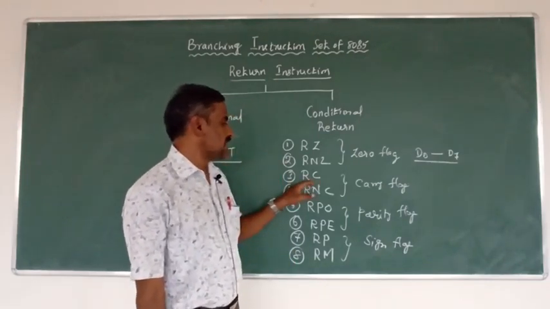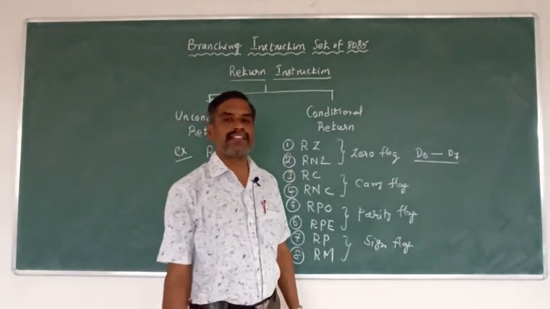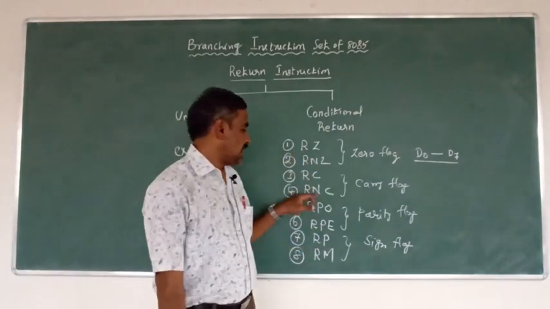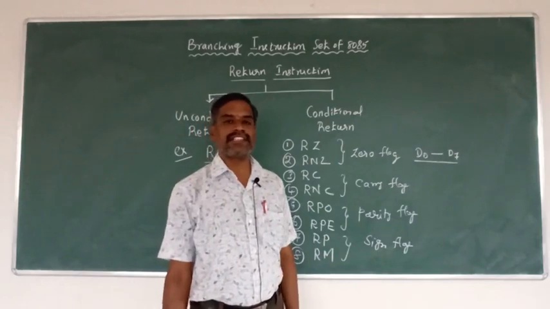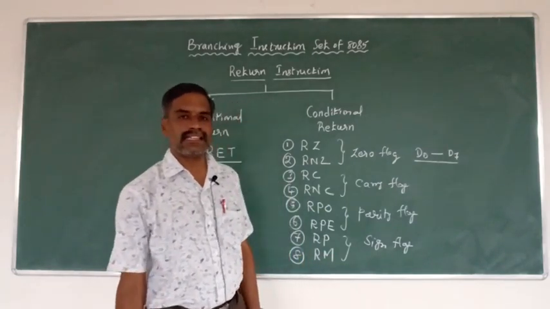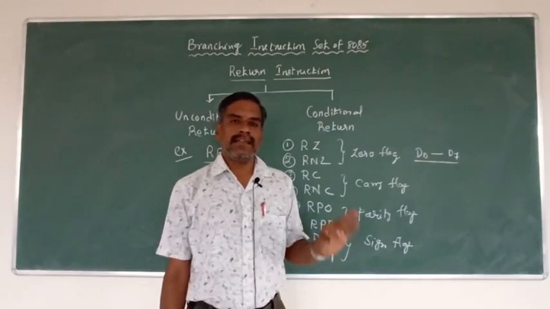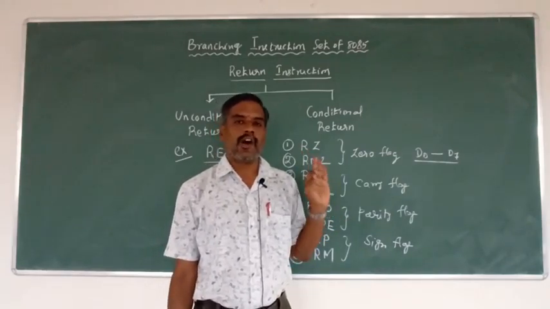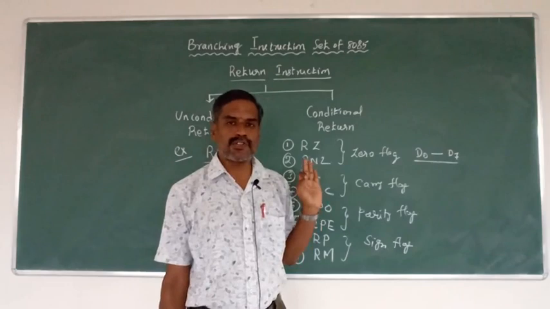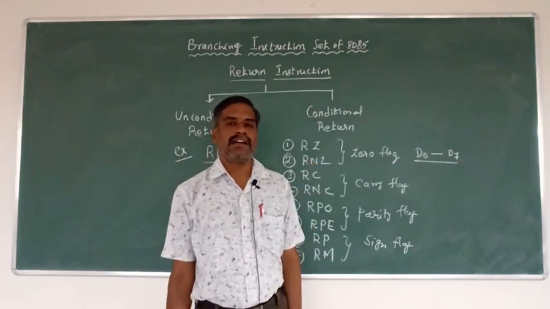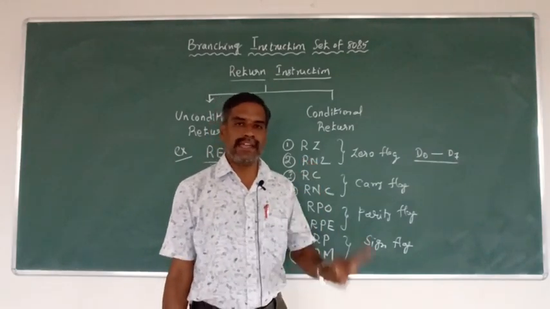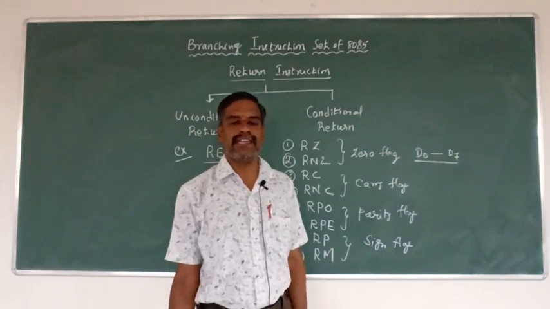Next, RC means return if carry, and RNC means return if no carry. The carry flag is set or reset by addition or subtraction. Suppose we add two 8-bit data and the result is more than 8 bits, then the carry flag will be set. If we subtract two 8-bit data and need to take a borrow from outside, the carry flag will also be set.